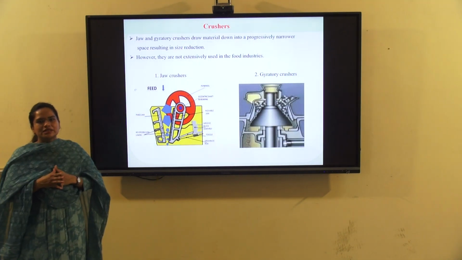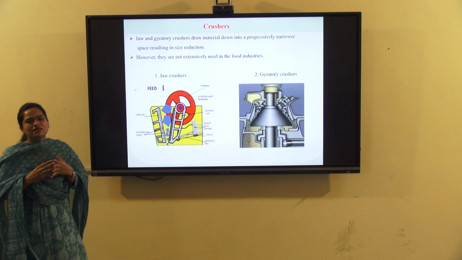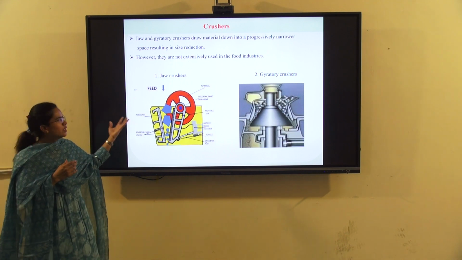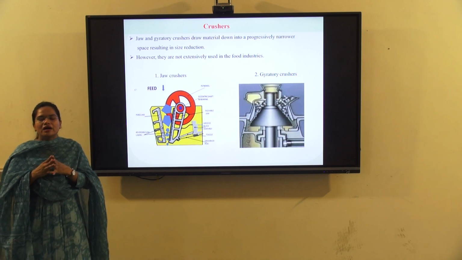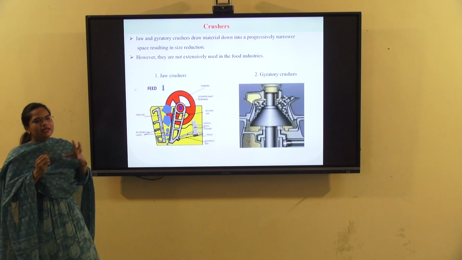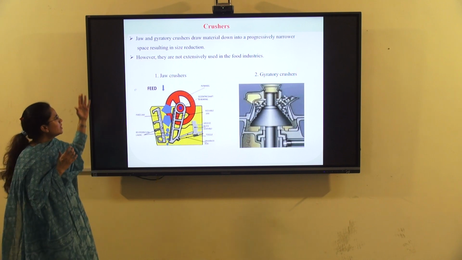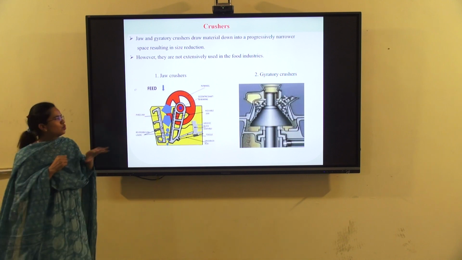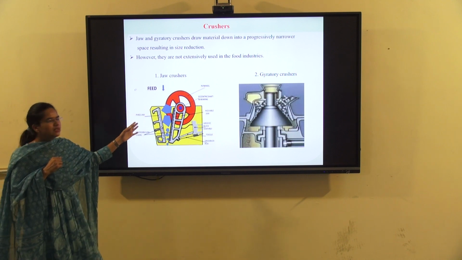The first one is the crusher. Crusher is not commonly used in the food industry. It simply reduces the particle size in the form of lumps. In the jaw crusher, there are two jaws, one stationary and the other movable.